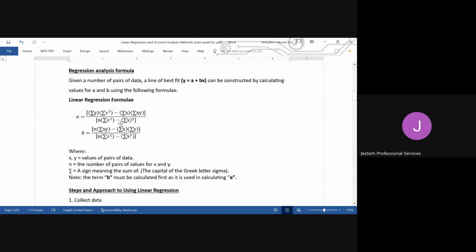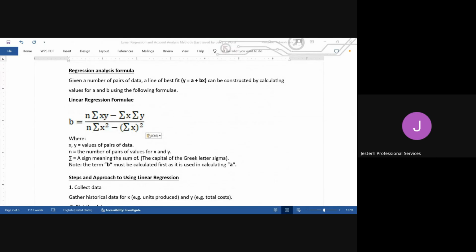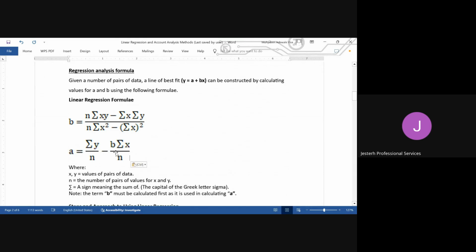I'll put the new formula in the notes immediately I share it. This is the new formula that we are going to use whenever we are preparing for the course on linear regression. I believe you understand what I mean.